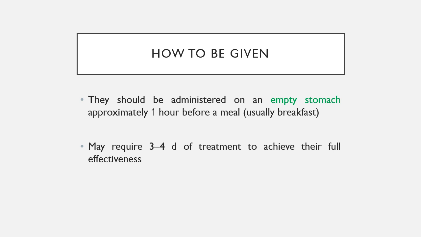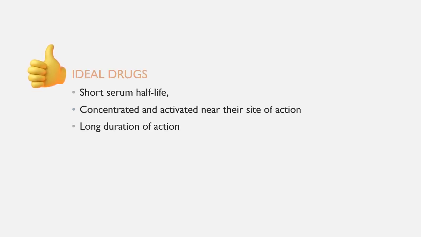And similarly, when we stop the drug, it will take 3 to 4 days for full acid secretion to return. From the pharmacokinetic perspective, we can say that these are ideal drugs because they have a short serum half-life, they are concentrated and activated near their site of action, and they have a long duration of action.